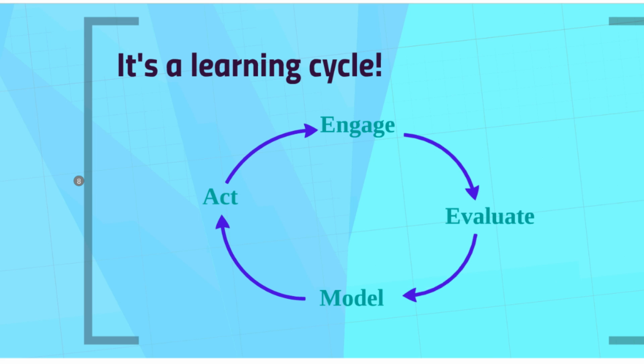That allows you to build models of the situation, and models then are a basis for action back in the flux. Having acted, the situation changes, so you engage with new information again, you evaluate it, you create new models, then you act again. And so once again, we have a learning cycle.